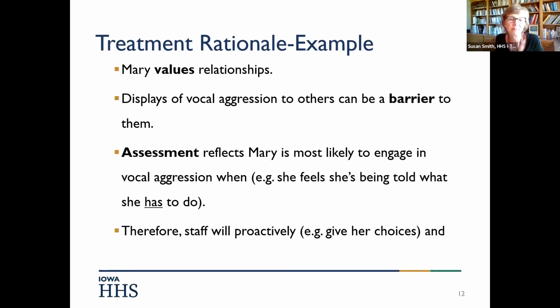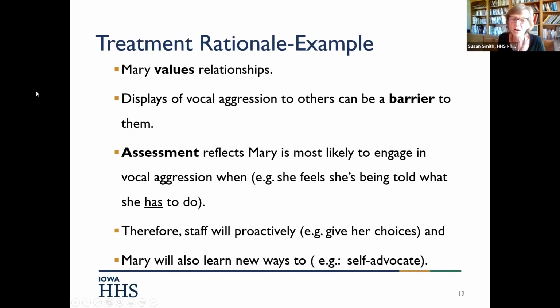And my assessment says that vocal aggression is most likely to happen when she feels like she's being told what to do. So what I'm going to do then is first, I'm going to have staff try to give her a lot of choices. That's something staff can do. And I think there's one more bullet, Courtney.